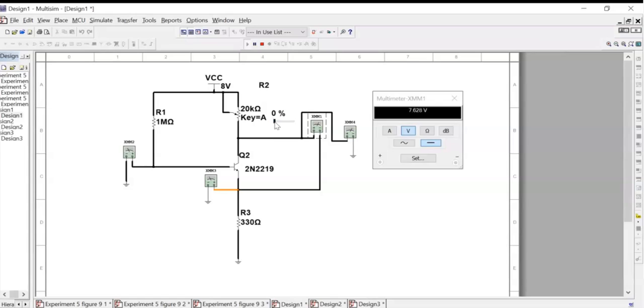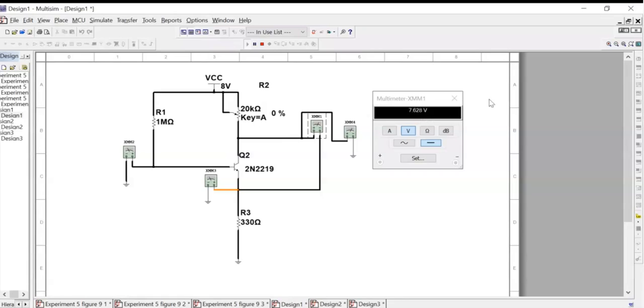We cannot adjust it further, so that will be our maximum value and we can record it. From the procedure it is 7.8, but we need to use 7.628 volts. So VCE is 7.628 volts instead of 7.8.